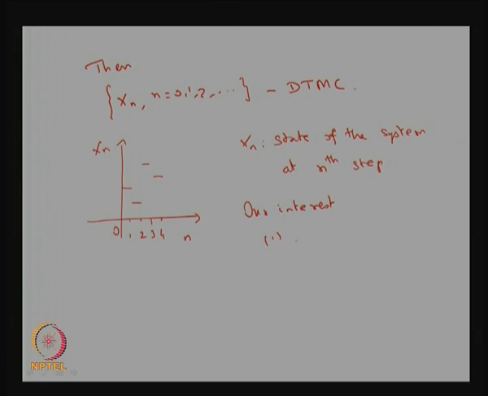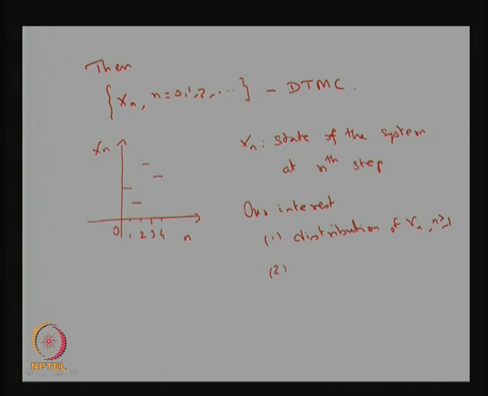One is the distribution of X_n for n greater than or equal to 1, given where the system starts at X_0. That is, the probability that X_n will be in some state j.